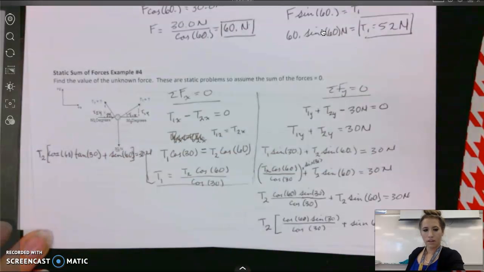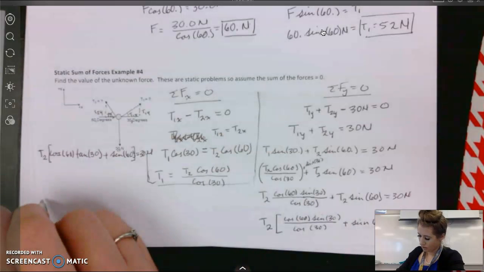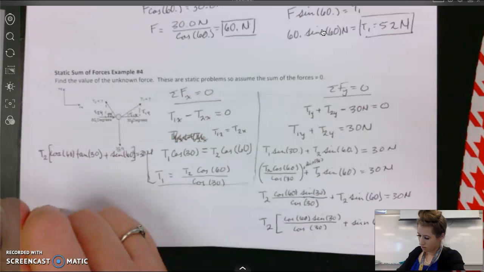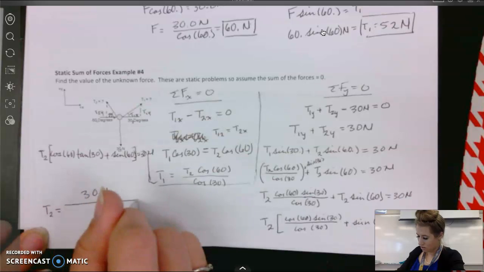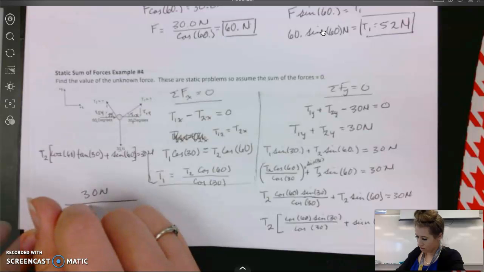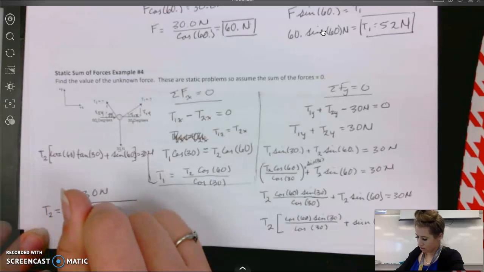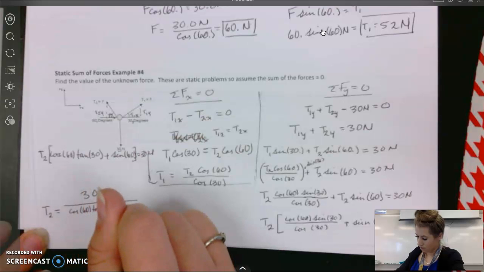Okay. So T2 is going to equal 30 newtons divided by cosine 60 tangent 30 plus sine 60.